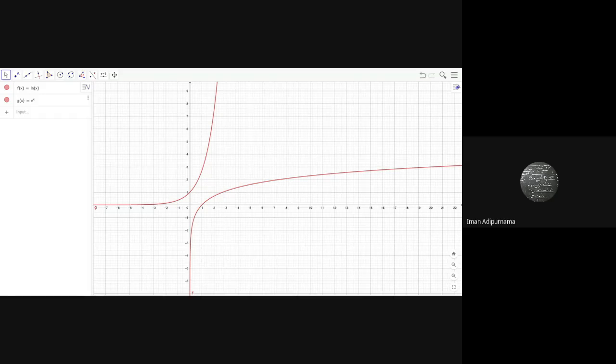There are also good visuals to understand which x should be in the domain.